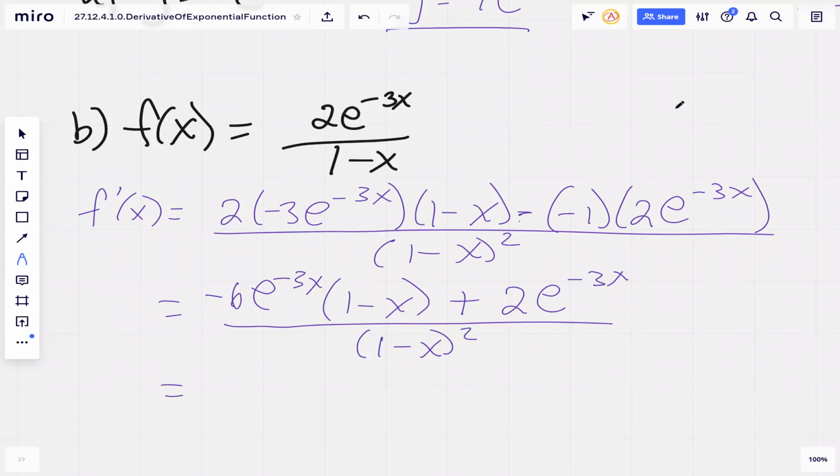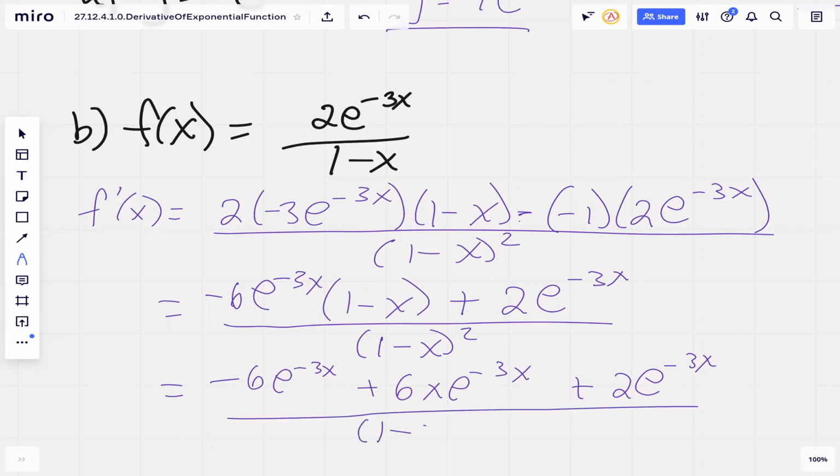Okay, all right, let's expand things out. Any mistakes? So negative 6e to the negative 3x plus 6x e to the negative 3x plus 2e to the negative 3x all over 1 minus x all squared.